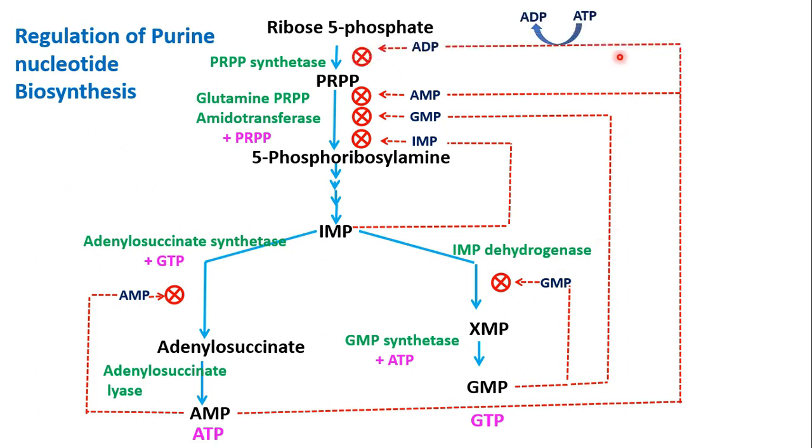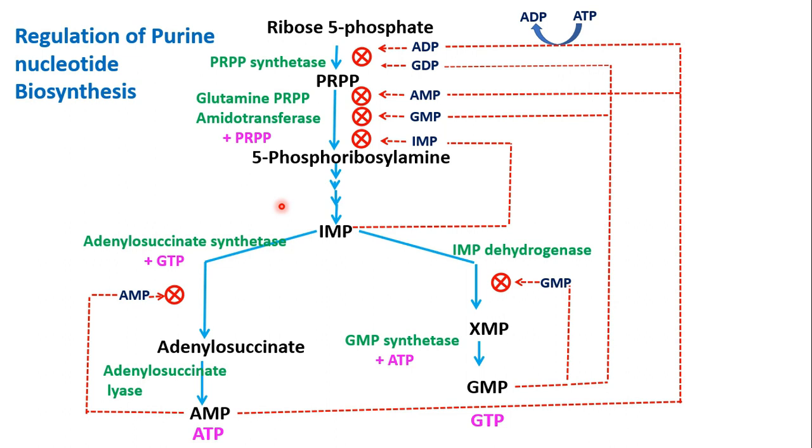ATP and GDP can both act as feedback inhibitors of PRPP synthetase. So in this way, the four enzymes, that is PRPP synthetase, glutamine PRPP amidotransferase, adenylosuccinate synthetase and IMP dehydrogenase, are the main enzymes in the regulation of purine nucleotides.